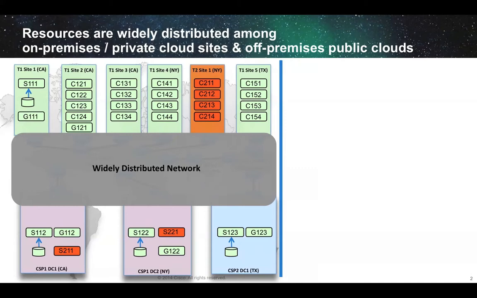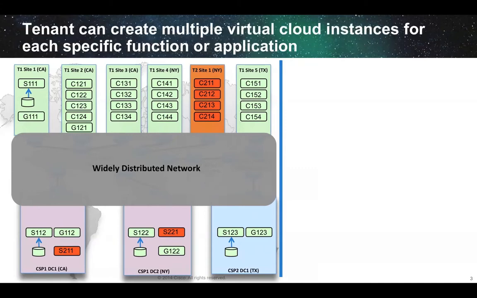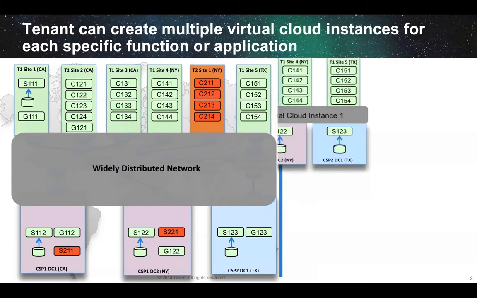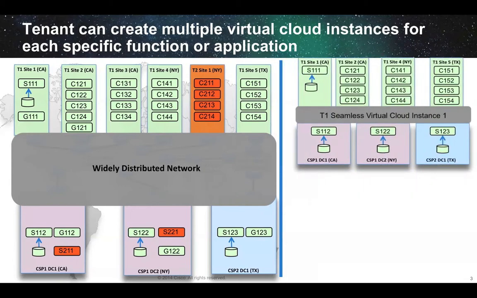Let's look at creating islands of virtual clouds out of existing deployed clouds. You, an enterprise infrastructure as a service administrator, can select a set of resources and sites and bind them together to create a virtual cloud instance where you can deploy and run a distributed media application.